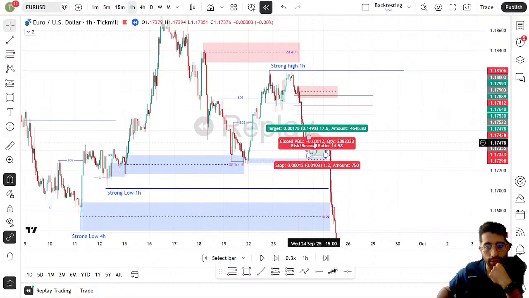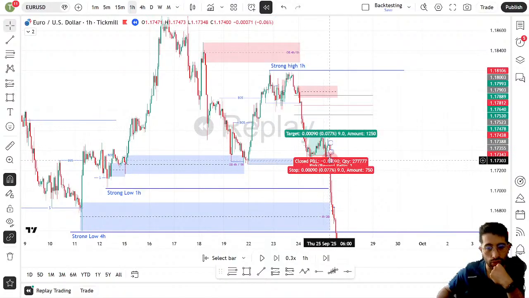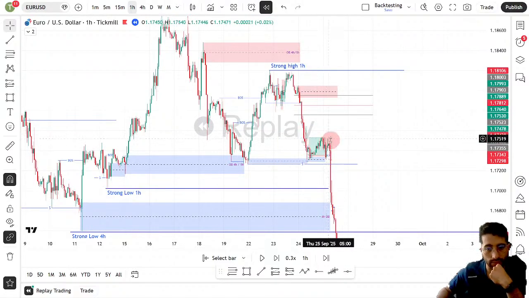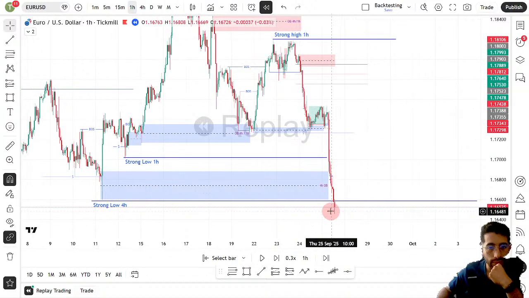And in this part, I would never enter in selling. You saw that I was not sure about this zone, and for me there wasn't any confirmation to enter. And actually the price is going even down.